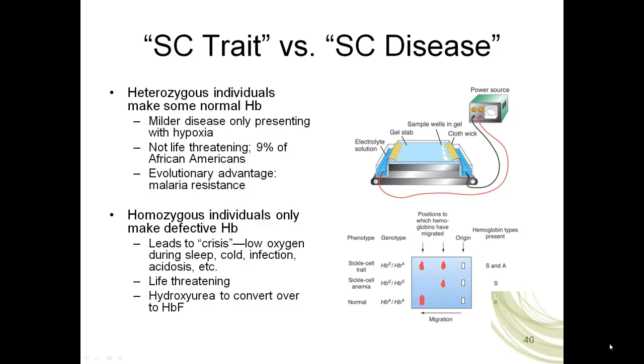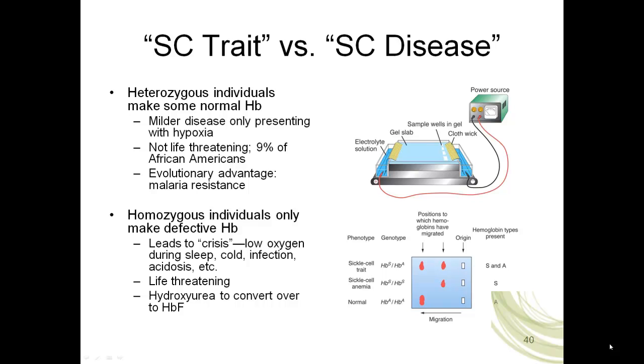People who have both copies mutated are homozygous individuals and can only make the sickled form of hemoglobin. So they would have their normal alpha globin chains, but only the sickled beta globin chains. They would have crises, they would have episodes anytime that their tissues have low oxygen content. Again, it's the low oxygen content that causes the beta globin chains to start to assemble in these rod-like structures.